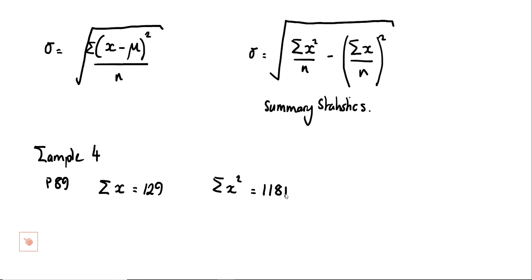So actually, all you're told in this case, you're not told the individual 15 runs, you're only told what it is in total. The summary statistics. And then you're told what happens if you add them all up when they've been squared.